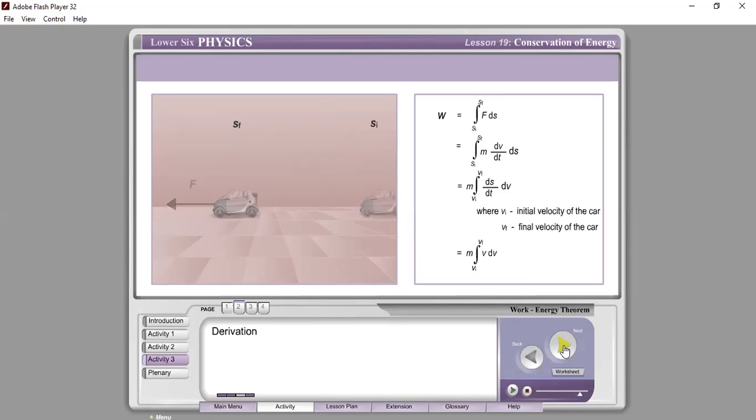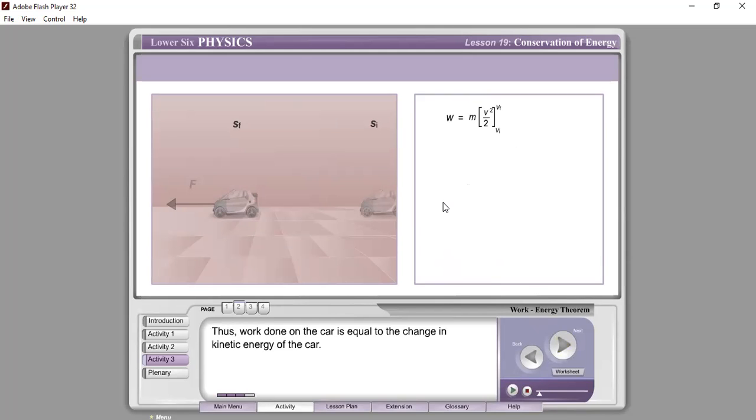W equals m times the integration of v dv from limits vi to vf.